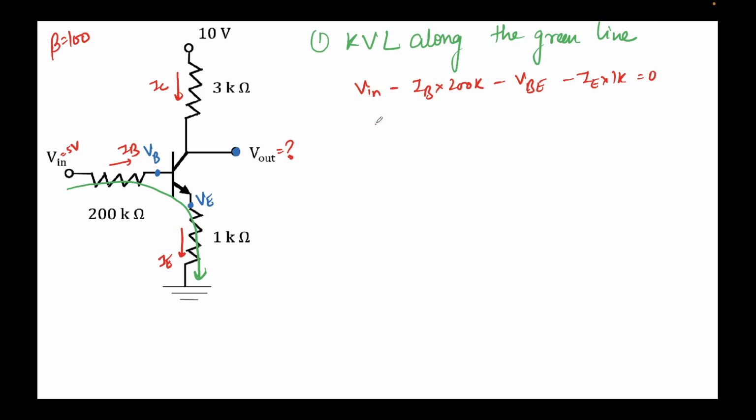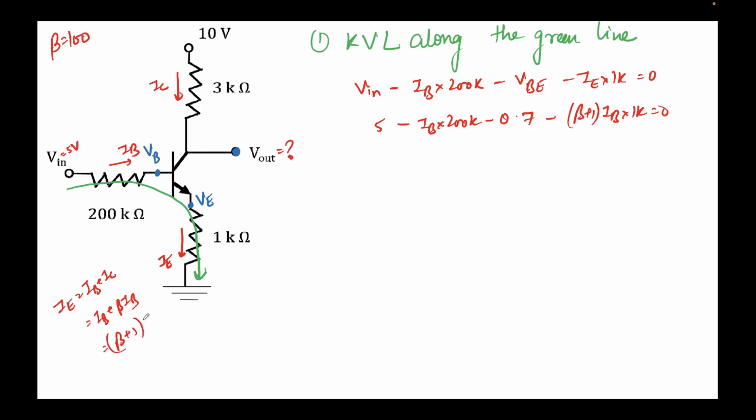We know Vin is 5, which was given, minus IB times 200K, minus VBE which is 0.7, minus IE, which is nothing but (beta plus 1) IB times 1K, equal to 0. How does this come? We know that IE is IB plus IC if you apply KCL across the BJT, and IC is beta IB, so IE comes out to be (beta plus 1) times IB. I have just used this expression here.